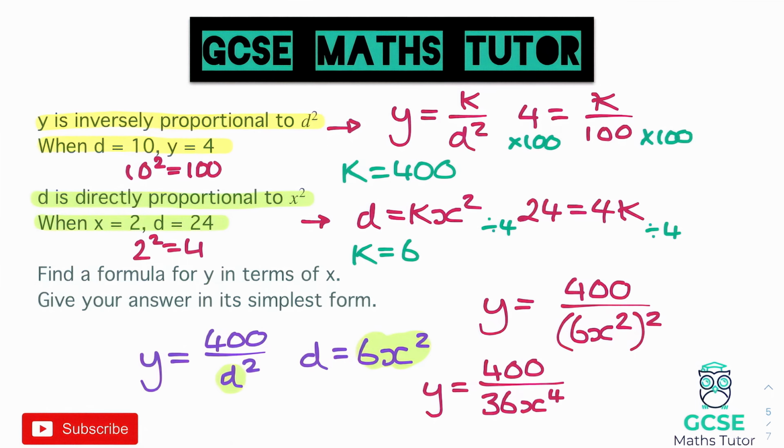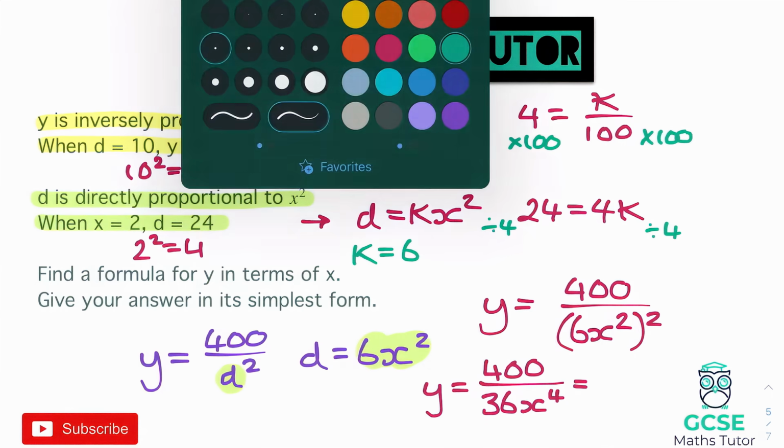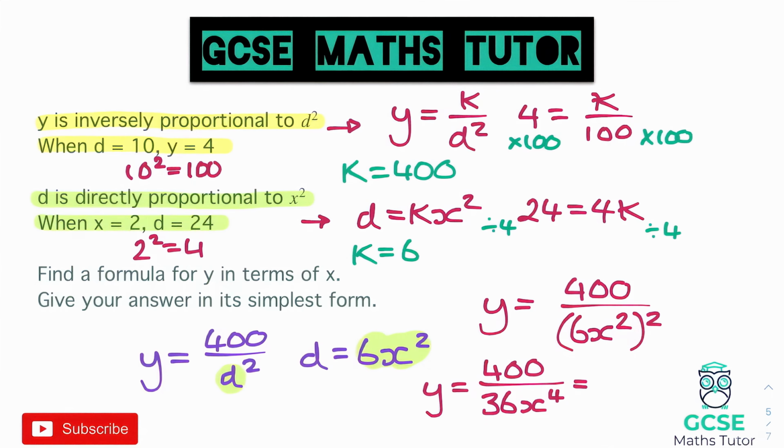Now again, it does say give it in its simplest form. We're almost done, but the top and bottom here both divide. You might not spot the biggest number straight away, but they both divide by 4. So on the top, 400 divided by 4 is 100, and on the bottom, 36 divided by 4 is 9, so 9x to the power of 4.